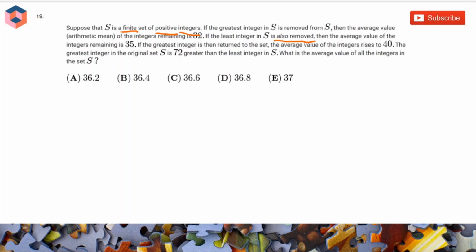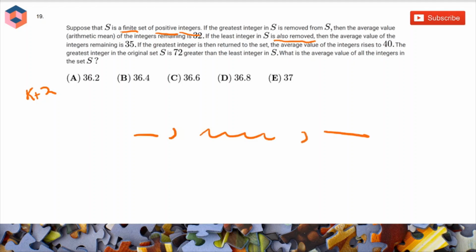So let's assign some variables. Let's let k equal the number of integers there are. So let's let the number of integers equal k plus 2 to make it easier for us, and you'll see why in a second. So this is the least number, then we have a set of numbers here, and then we have the greatest number.